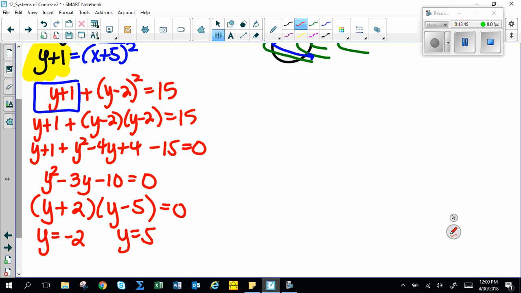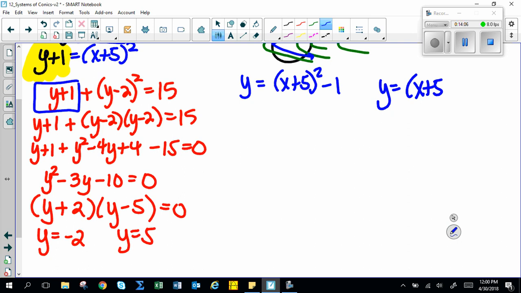So if I go up to this first equation, which was y equals x plus 5 quantity squared minus 1. I'm going to replace, I have to do this twice. So I'm going to replace the y with a negative 2, and I'm going to replace the y with a positive 5.